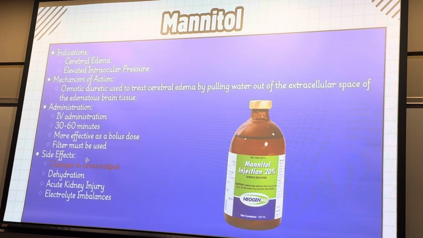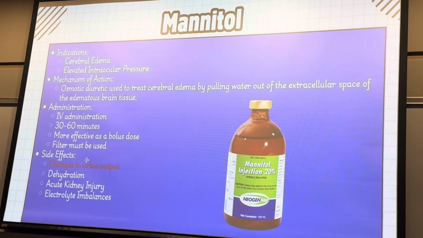If I don't see an initial change in my urine output, then it's not absorbing enough water, enough volume as it needs to. Then I can give a secondary dose if needed and hopefully affect my urine output. That combined with my furosemide, my Lasix, should diurese me and give me that increased urinary output.